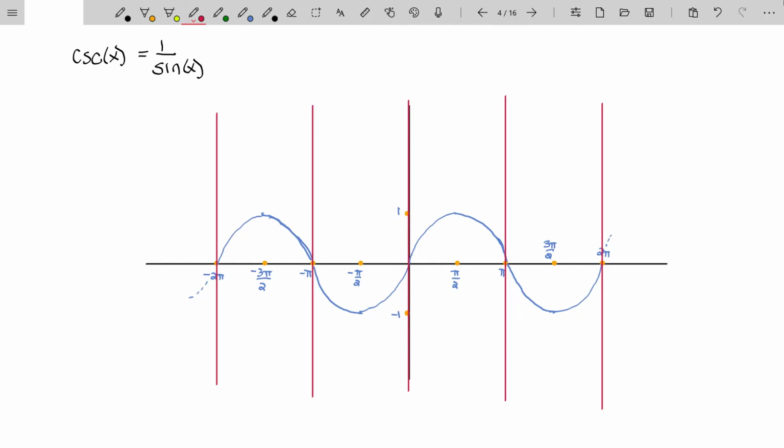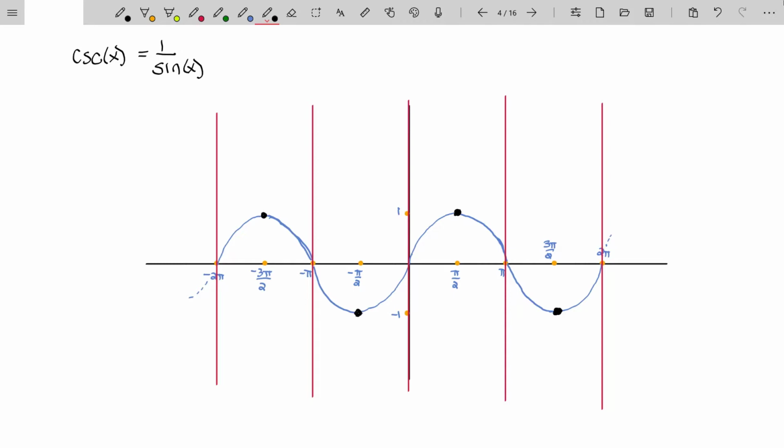And just like we did with the secant, we happen to know that whenever the sine is 1, its reciprocal will be 1 as well. That is, whenever the sine is 1, the cosecant will also be 1. Whenever the sine is -1, the cosecant will also be -1.